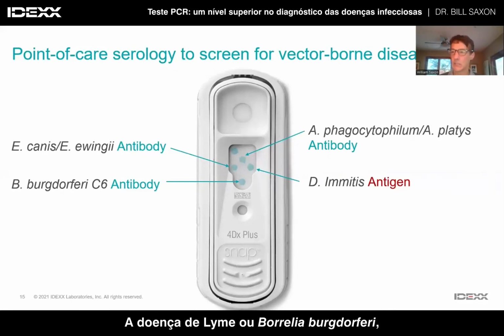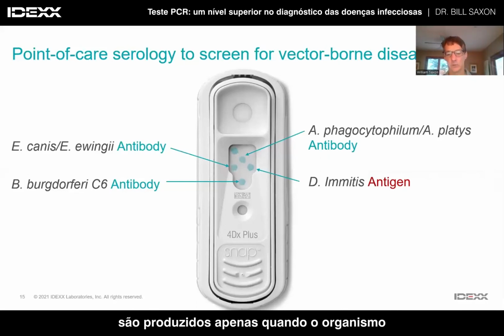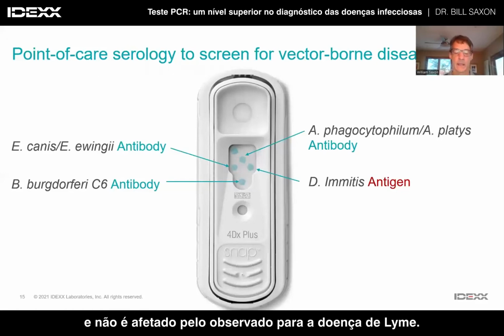Lyme disease, or Borrelia burgdorferi, which is present in Brazil these days. It might not be as common as it is in the United States, but it is there. The antibody test for Lyme disease is more similar in its interpretation to an antigen test, because the antibody test for Lyme disease, the C6 antibody test, is only produced when the organism is actively dividing in the dog, meaning the dog is infected with the organism, and it is not affected by vaccine for Lyme disease.